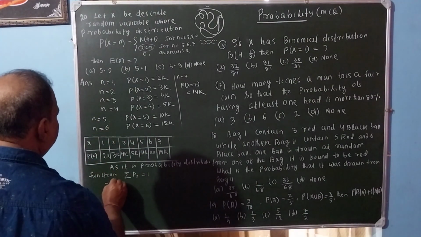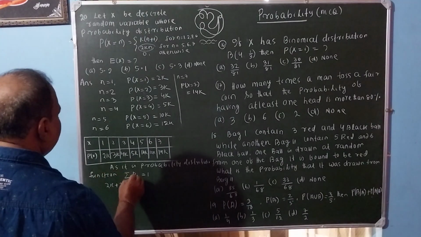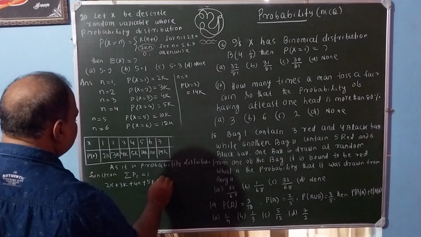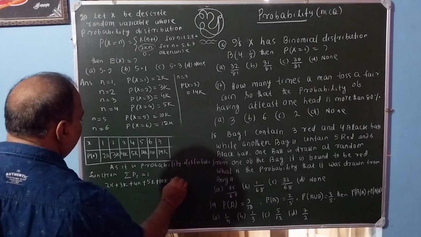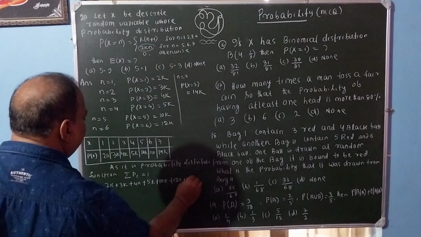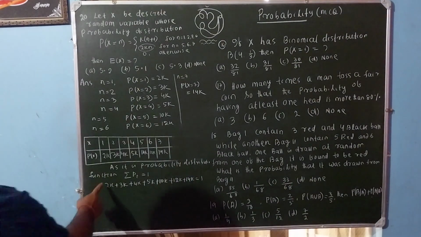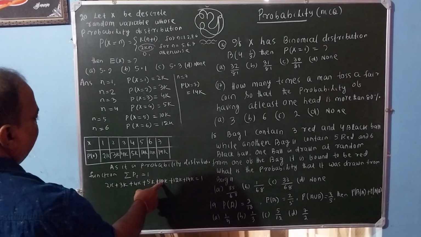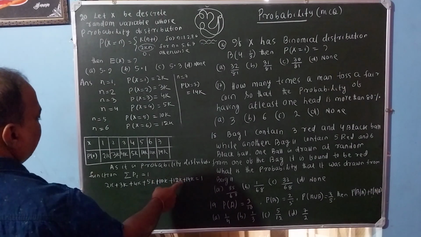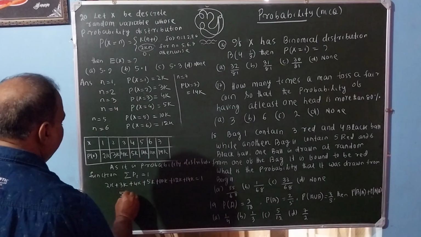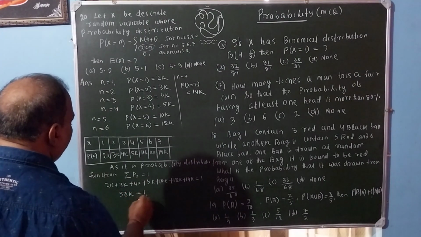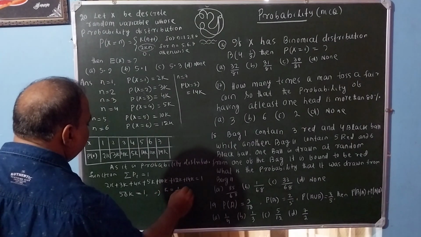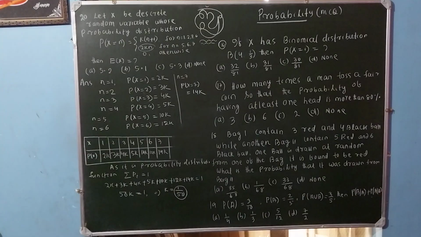So 2k plus 3k plus 4k plus 5k plus 10k plus 12k plus 14k is equal to 1. Adding up, it is 50k. 50k is equal to 1, so the value of k is coming out 1 by 50.